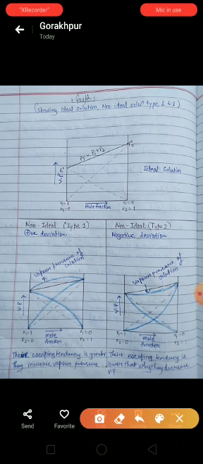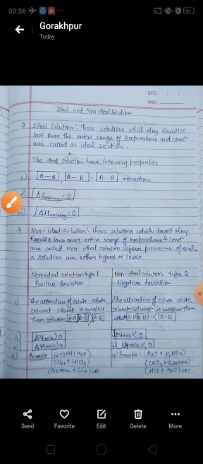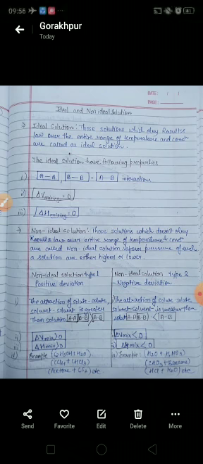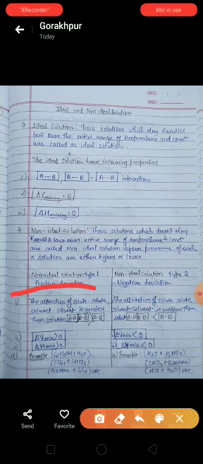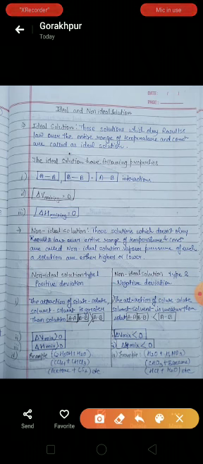Now let us discuss non-ideal solution type 1. Here what happens? The attraction of solute-solute and solvent-solvent is greater than solute-solvent.